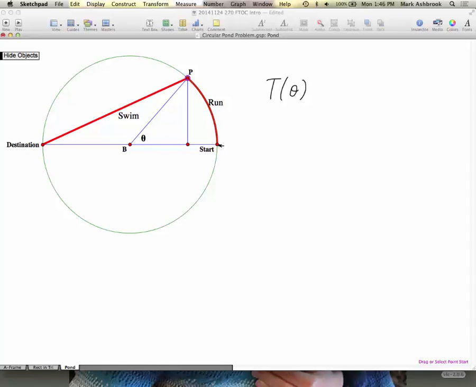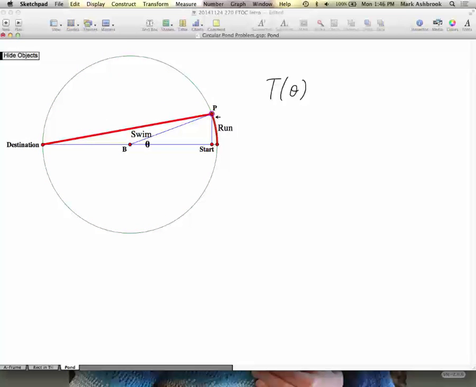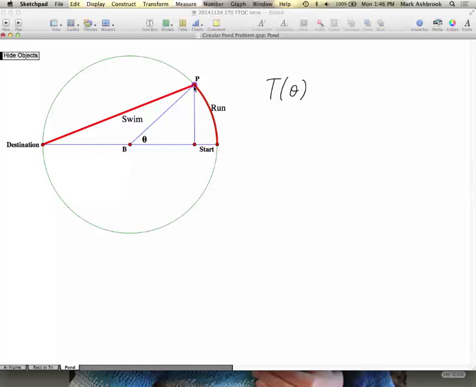They're going to get here, and they have to get here as fast as they can. So they're going to run around to P and then swim, but they have a choice of where to run to and then start swimming from there. So the angle theta determines that point P where they stop running and start swimming.